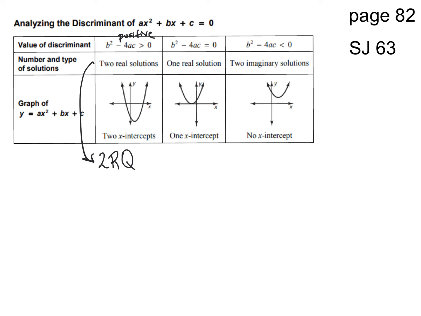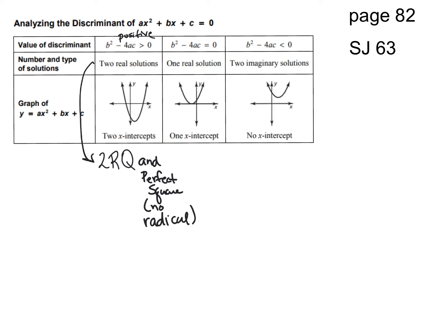I wanted to come back here and insert this information. You'll have two real rational roots if it's greater than 0 and a perfect square. Now what that means is you will not have a radical in your answer.